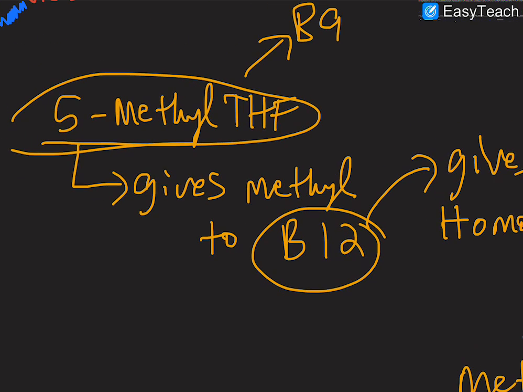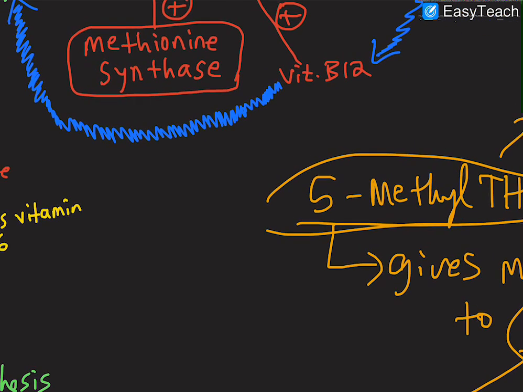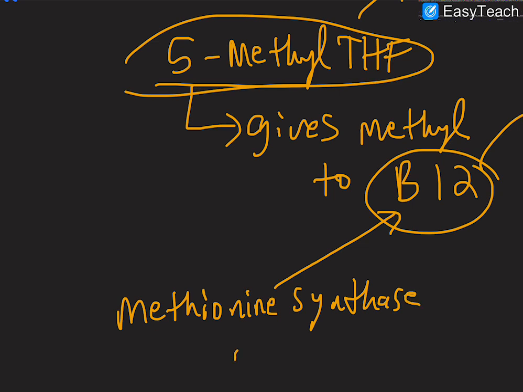But we also said it's important to keep in mind that vitamin B12 is necessary for our methionine synthase enzyme to function. So your methionine synthase enzyme needs vitamin B12 to function.